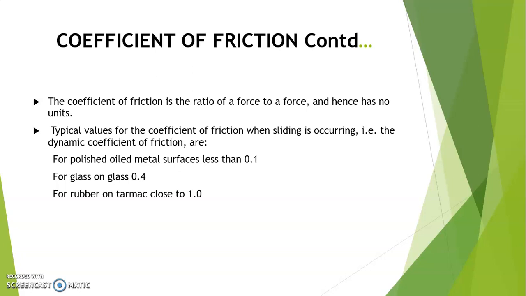For a polished oiled metal surface, its value is less than 0.1, meaning the friction force associated with such surfaces will be less as compared to that of rubber on tarmac, which has a very high value of 1.0, indicating a very high force of friction between the two surfaces, that is the rubber and the tarmac road.